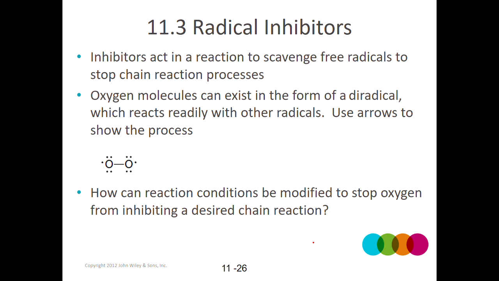Another important consideration, and we'll talk more about this in the future as well, is the presence of oxygen can really mess up your reaction. So normally we think of oxygen as existing as a molecule, and it looks pretty stable. There's no formal charge. All the noble gas configurations are complete.